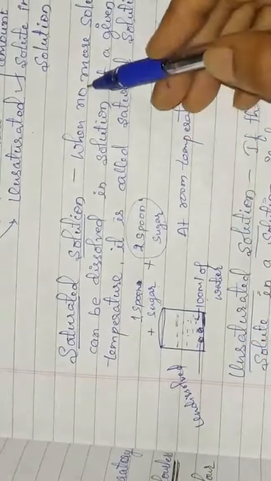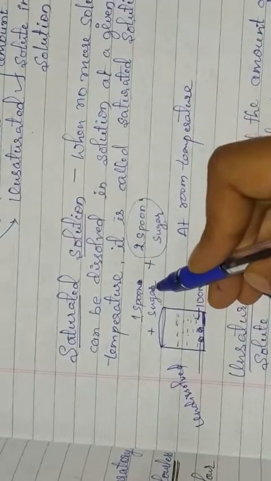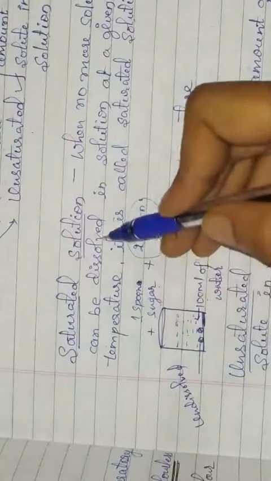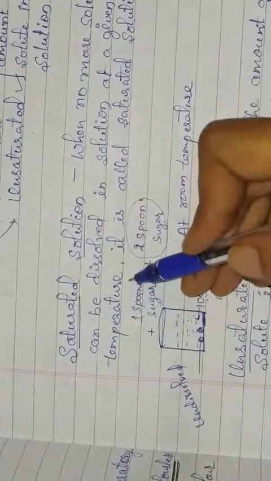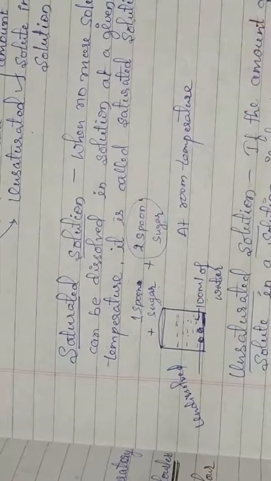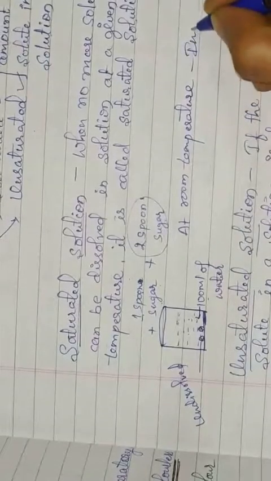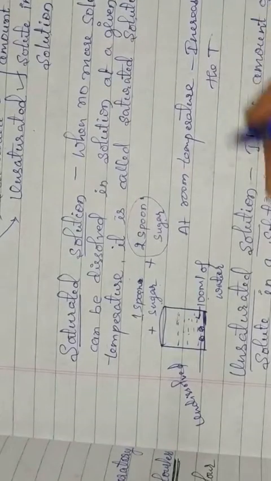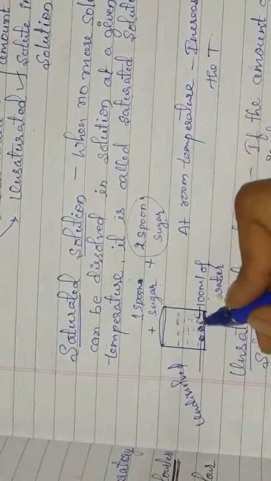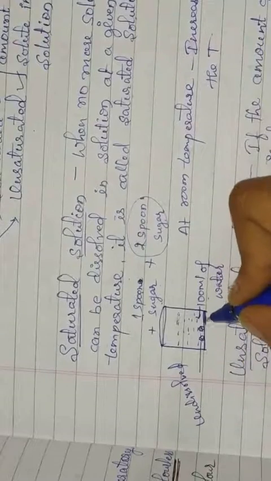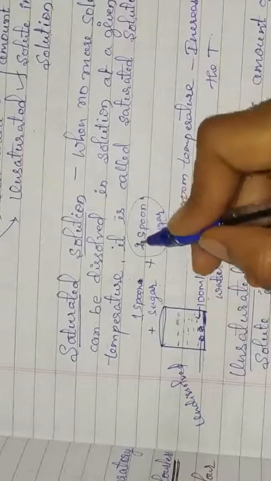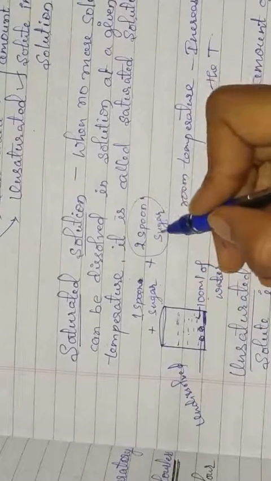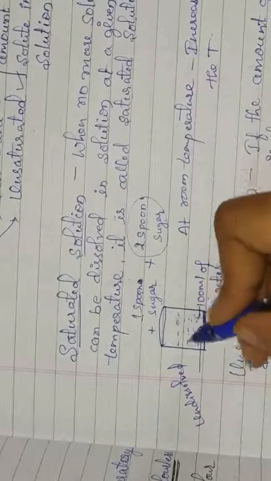Here sugar is the solute. When no more solute can be dissolved in a solution at a given temperature, it is called a saturated solution. On increasing the temperature, on heating this beaker, when we add the second spoon of sugar, it dissolves in this solution.